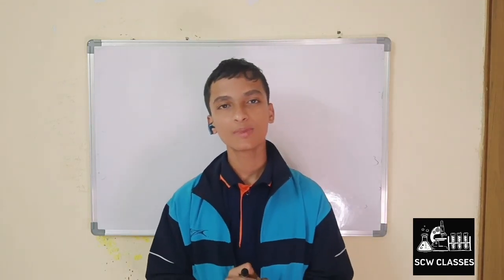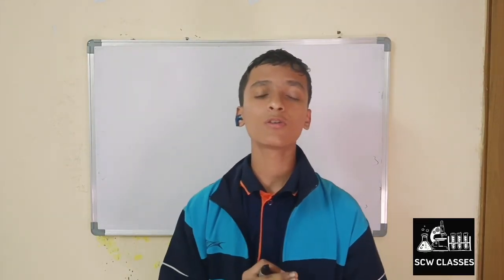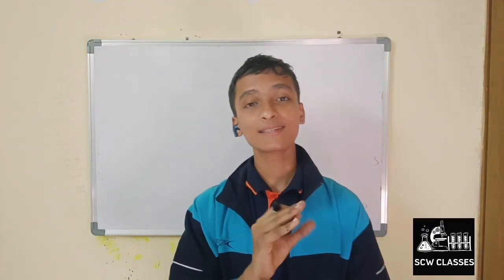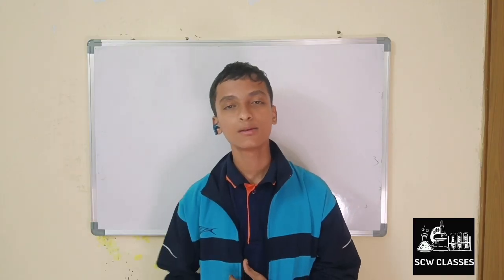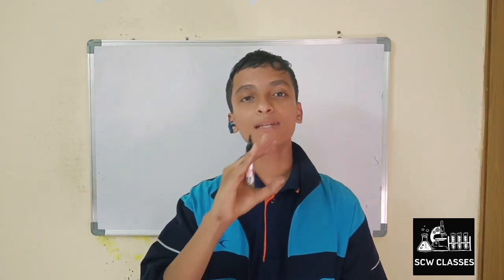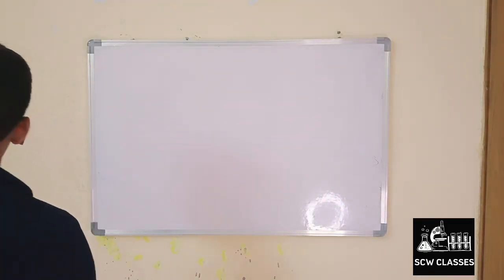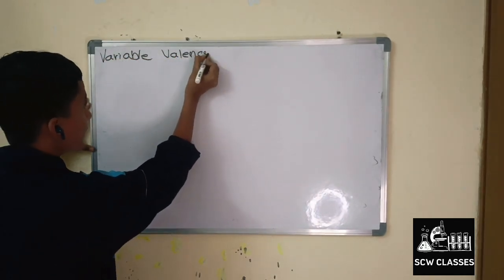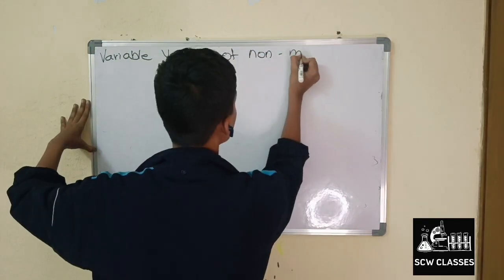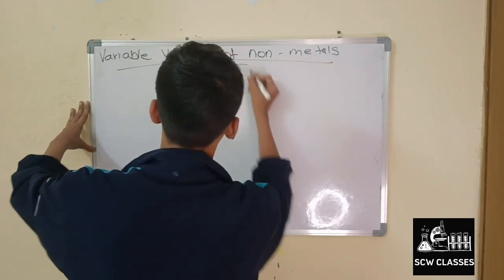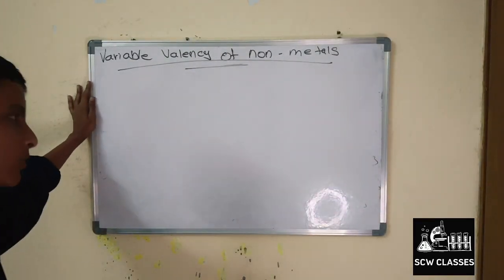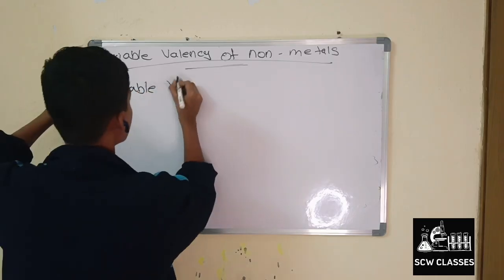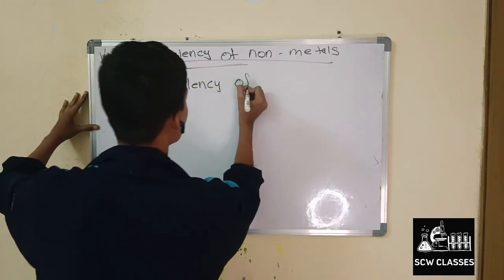So the definition: variable valency of nonmetals is due to extension from S or P subshell to vacant d orbitals. Listen properly, this is very important. Variable valency of nonmetals is due to extension from S or P subshell to vacant d orbital.